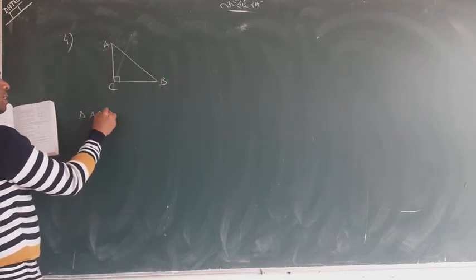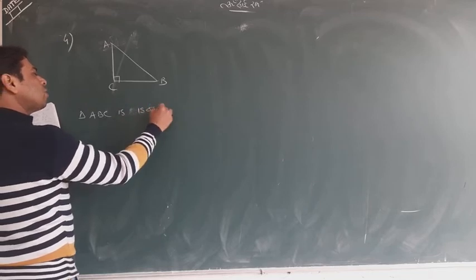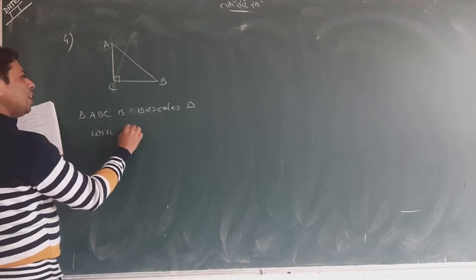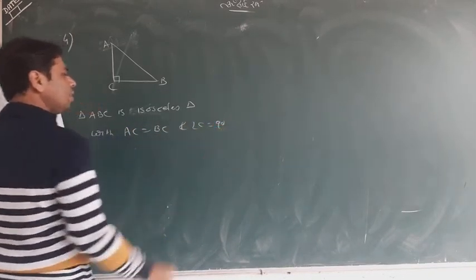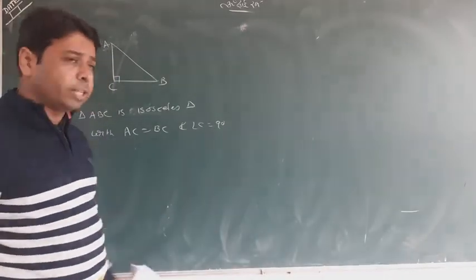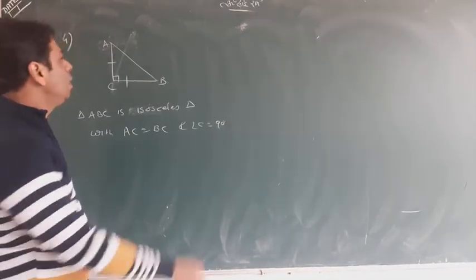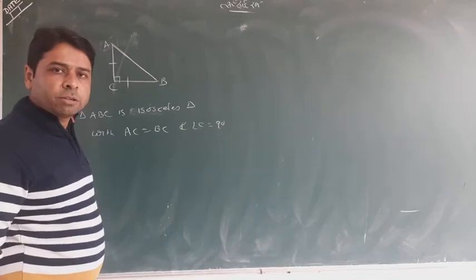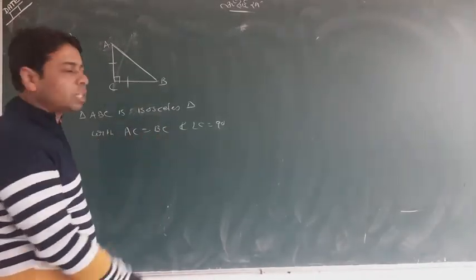Triangle ABC is a right isosceles triangle with AC equal to BC and angle C is 90 degrees. It is given that C is a right angle and it is isosceles. One should know that these two sides are the same. If it is an isosceles triangle, the hypotenuse cannot be equal to any other side. It is actually the longest one. So these two are equal because it is isosceles and angle C is 90.